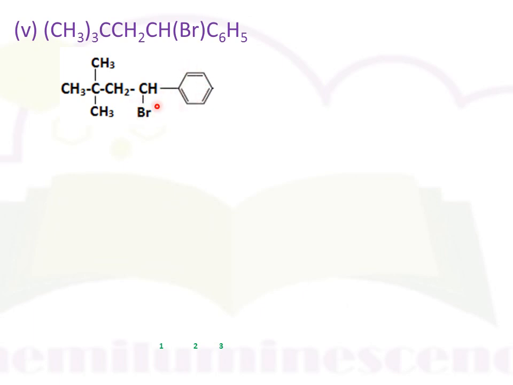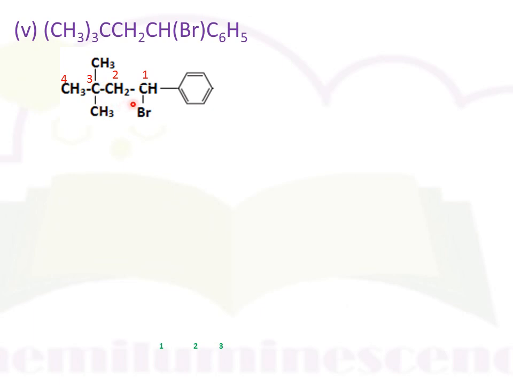Now for numbering, again select the longest hydrocarbon chain. If we count the number of carbons from that end to which bromine is bonded, it is 1, 2, 3 and 4. Hence this one is the longest hydrocarbon chain. Give numbers to this. In this way, the carbon on which bromine and the benzene ring are present comes as first, and on the third carbon there are two methyl groups.